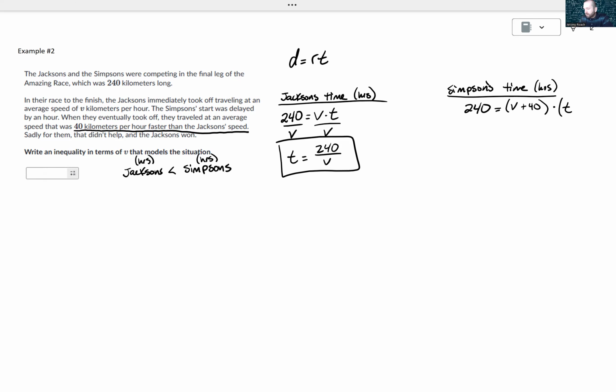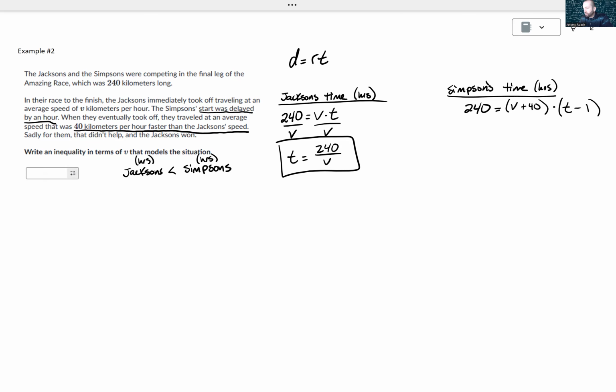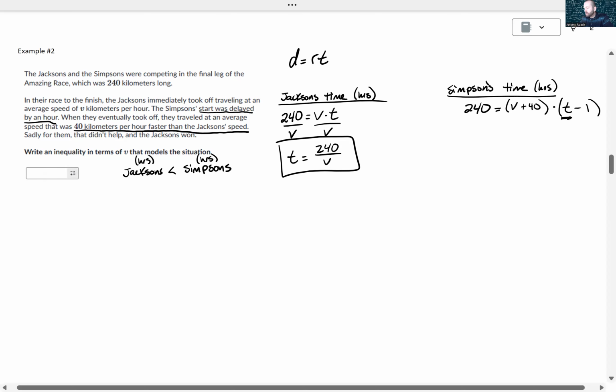It says that the Simpsons' start was delayed by an hour. So their time wasn't just t, it was t minus 1 hour because it was delayed by 1 hour. Now you might be tempted to do the distributive property with this. We're just solving for what t is, and we already have 1t there. So instead of multiplying this out, we're going to divide by v plus 40 on both sides.